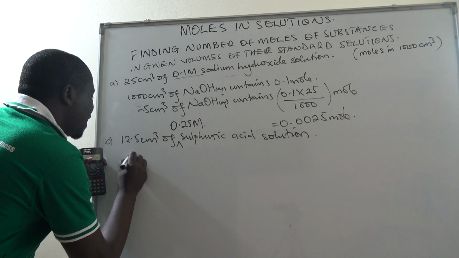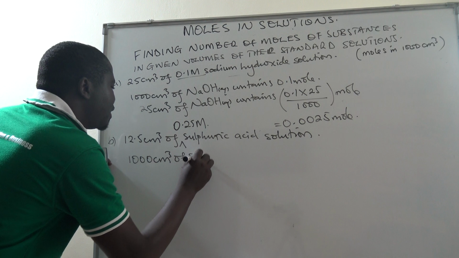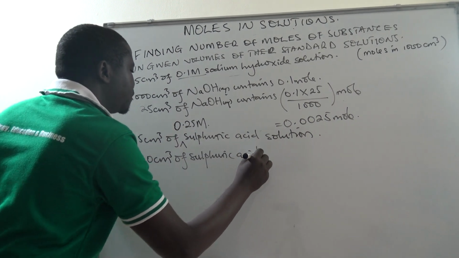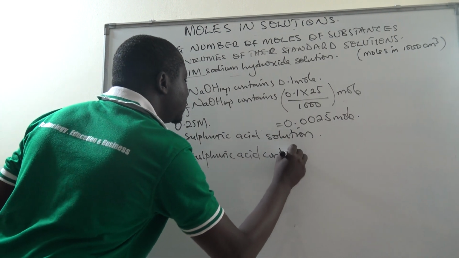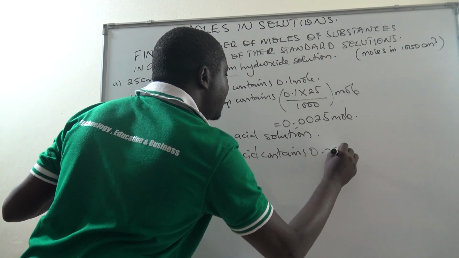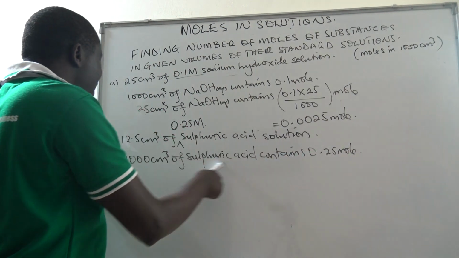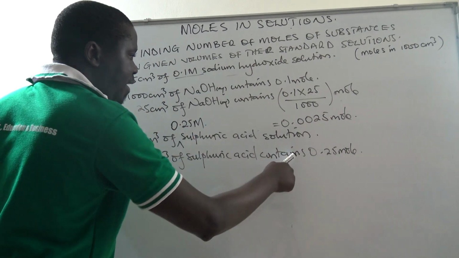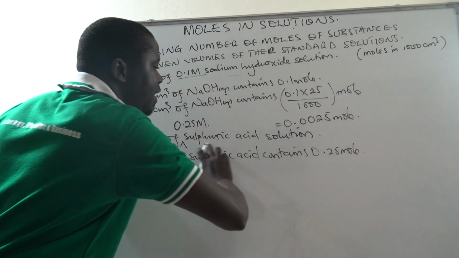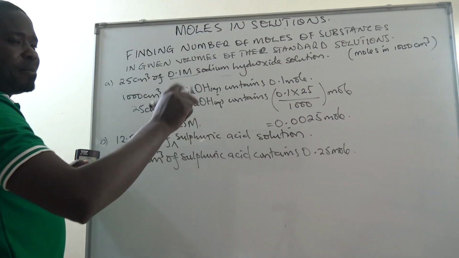So we start by saying 1,000 cubic centimeters of the sulfuric acid solution contains 0.25 mole. Please do not repeat capital M again. We have already interpreted this one this way. So this one is the number of moles in 1,000 cubic centimeters. Fully interpreted. So I expect this unit to be mole, not capital M again.